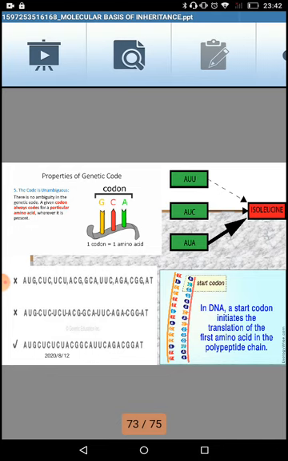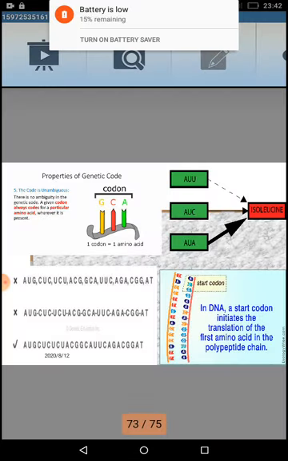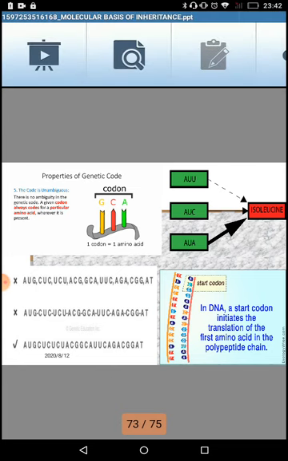Next feature says that the genetic code is always unambiguous in nature. Unambiguous meaning what? Only one particular amino acid will be coded from one codon. Meaning, if you can see in the first part of this diagram, GCA is one codon. Now this GCA will code for only one amino acid.